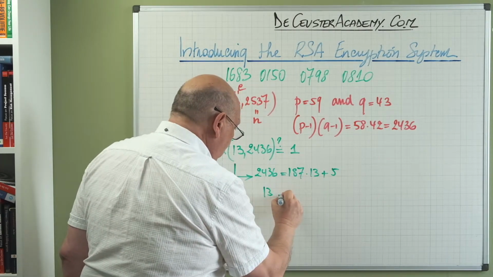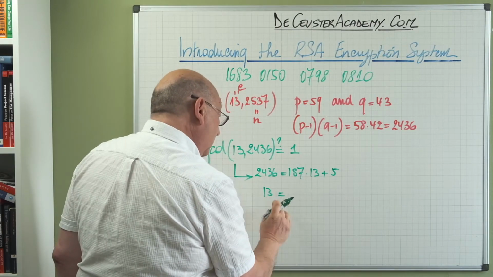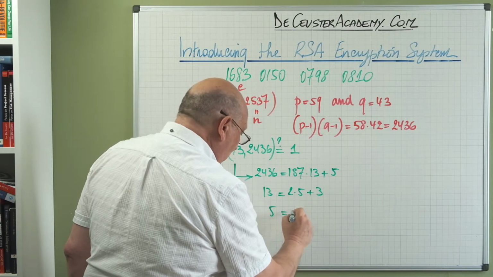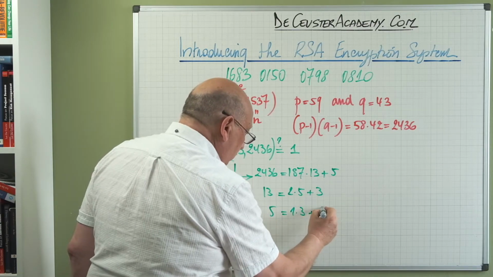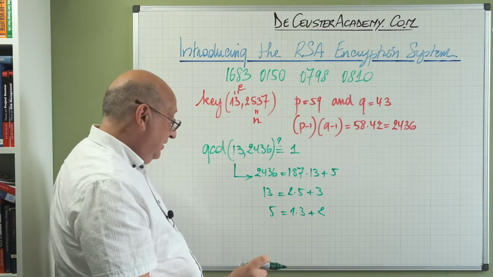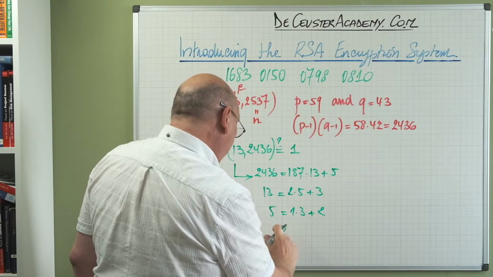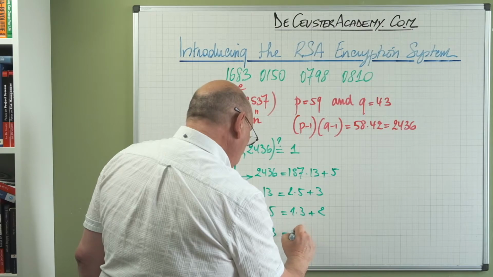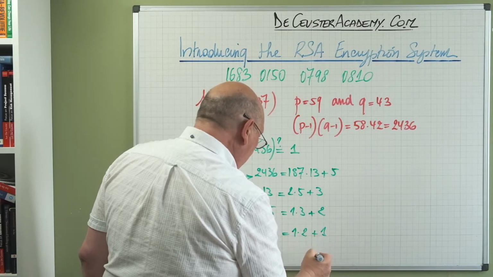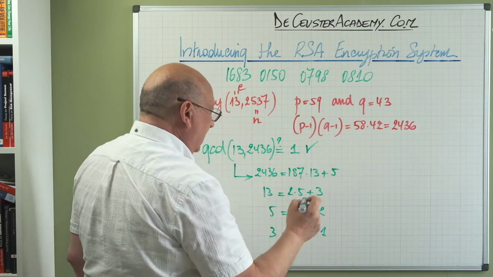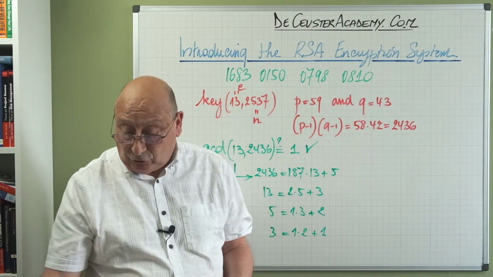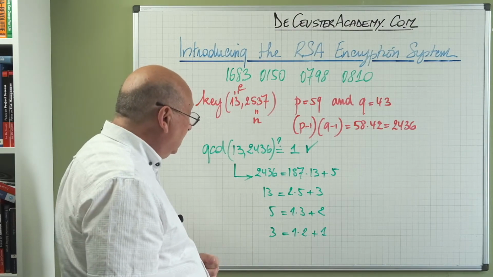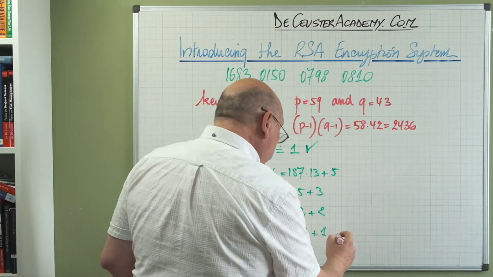Now we can say that 13 is 2 times 5 plus 3, and 5 is 1 times 3 plus 2, and finally we find that 3 is 1 times 2 plus 1, which means that the GCD is equal to 1. Now we have to calculate this in the other direction, and we start from here.